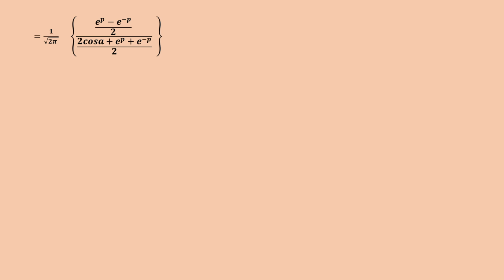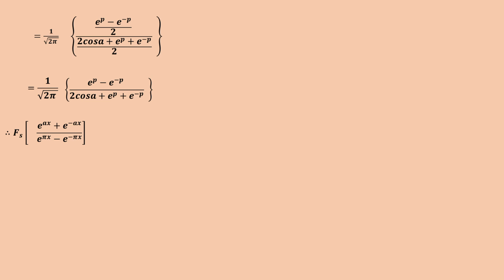Taking the LCM in the denominator, 2 is the LCM, 2 cos a plus e^p plus e^(-p). The 2 in the numerator denominator and the 2 in the denominator get cancelled, so remaining 1 by root 2 pi, (e^p minus e^(-p)) divided by (2 cos a plus e^p plus e^(-p)). Therefore, the Fourier sine transform of (e^(ax) + e^(-ax)) / (e^(πx) - e^(-πx)) equals F_s bar of p, which is equal to 1 by root 2 pi, (e^p minus e^(-p)) by (2 cos a plus e^p plus e^(-p)).